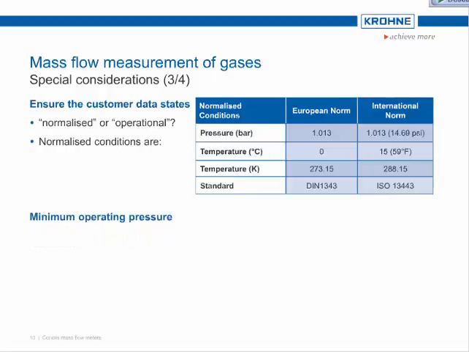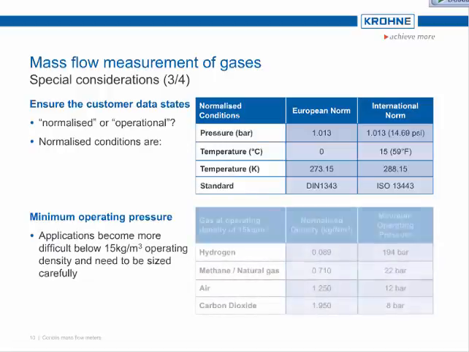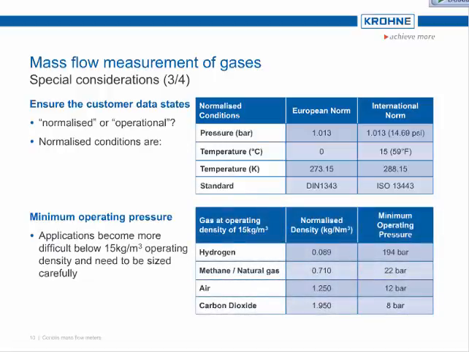Knowing an accurate minimum operating pressure is essential for verifying the suitability of a Coriolis mass flow meter, as applications become more difficult below 15 kilograms per cubic meter operating density and need to be sized carefully. This table provides a general summary of common gases and the minimum operating pressures to achieve 15 kilograms per cubic meter.